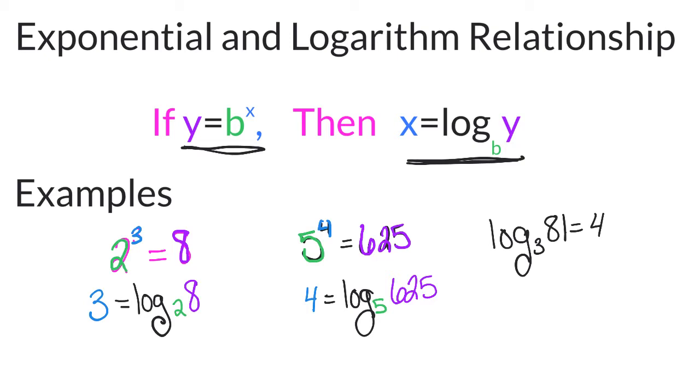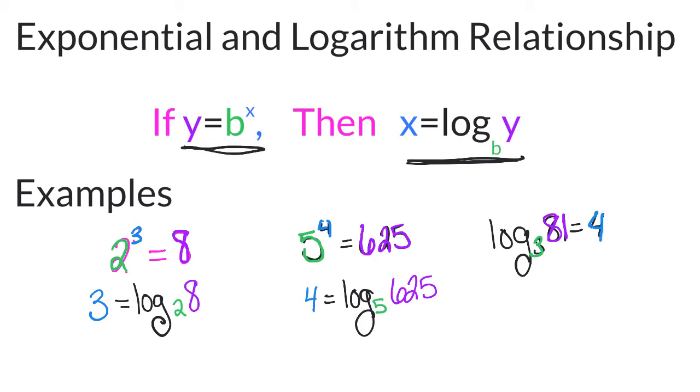So what I'm going to do is put my base in green, and then the 81 is my y value, so that's going to be written in purple, and then the 4 is my exponent, so I'm going to change that to blue.